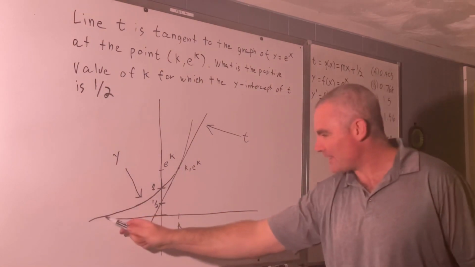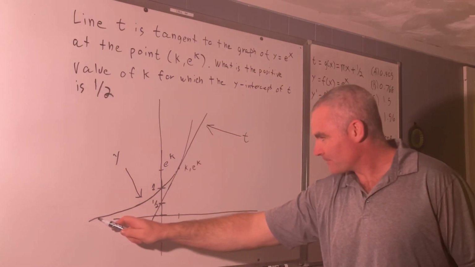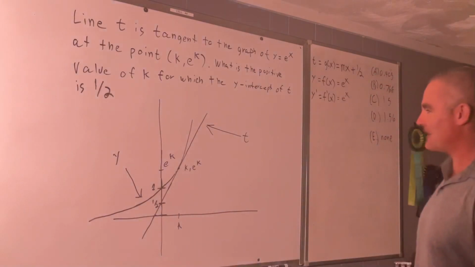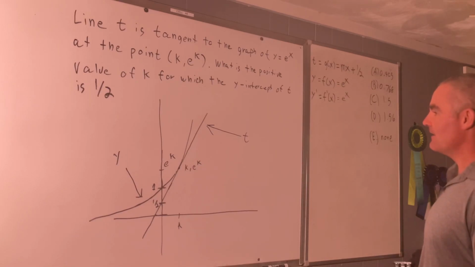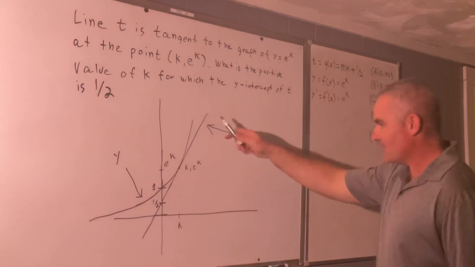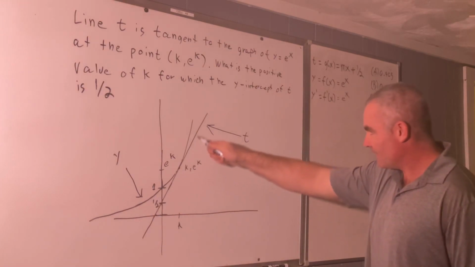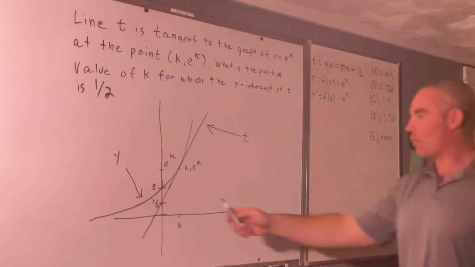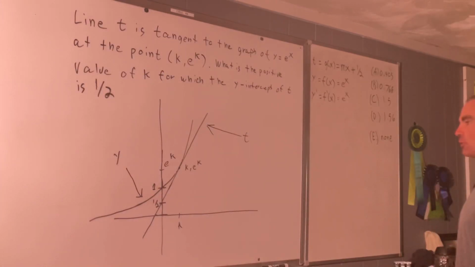Therefore, at any point k, the tangent line to this curve right here, e to the x, is going to have a slope of e to the k, because the slope along this curve at any point x is equal to e to the x. Therefore, the slope along this curve at any point k is equal to e to the k.